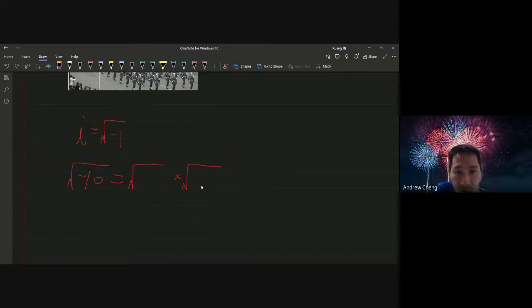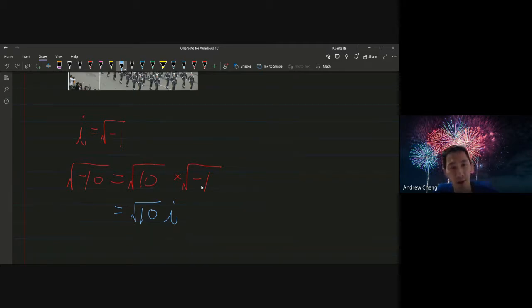So I will write square root of 10 times square root of -1. By doing this, the part square root of -1 becomes i. So that would be square root of 10 i.